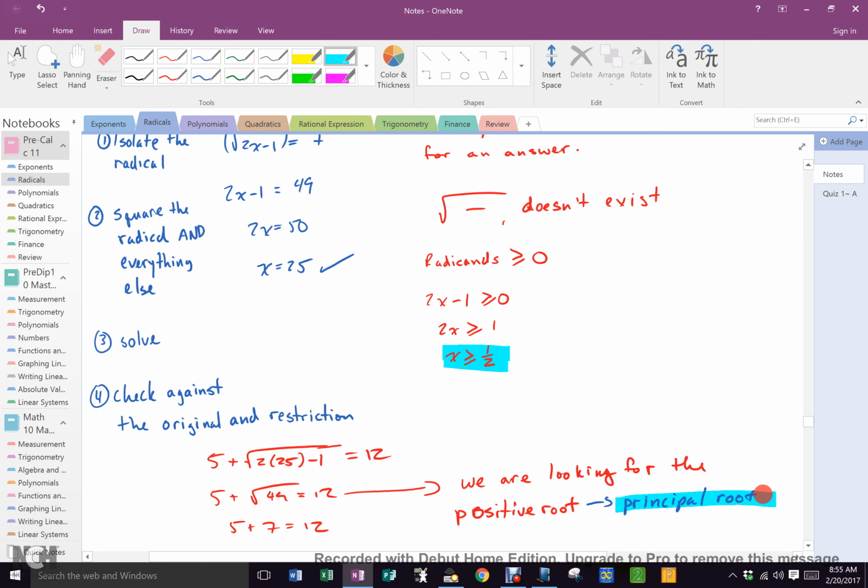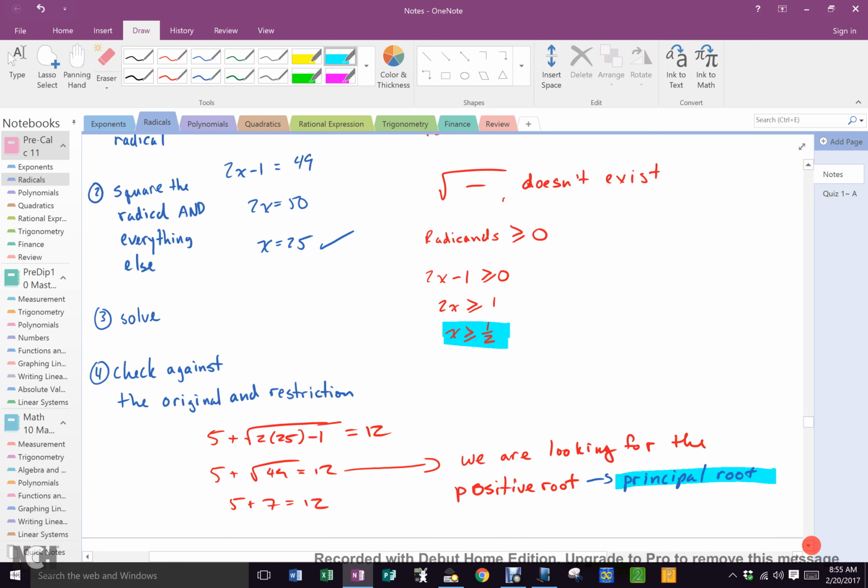Everybody cool? We know that negative 7 times negative 7 is 49. But this symbol, math guys agree that when you're talking mathematically, you want the positive one. Everybody cool? All right, so let's look at the very next question.